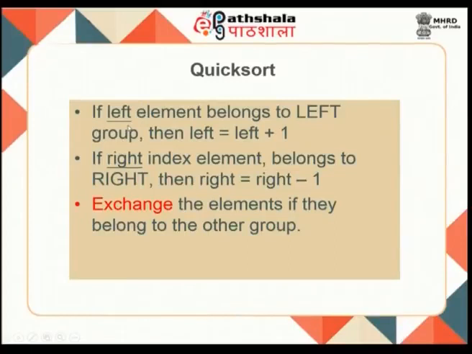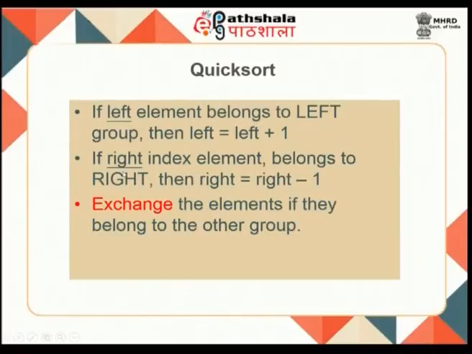If the left element, that is the element pointed to by the left pointer, actually belongs to the left group, that means it is lesser than the pivot element, then the left pointer is incremented, that is left becomes left plus 1.